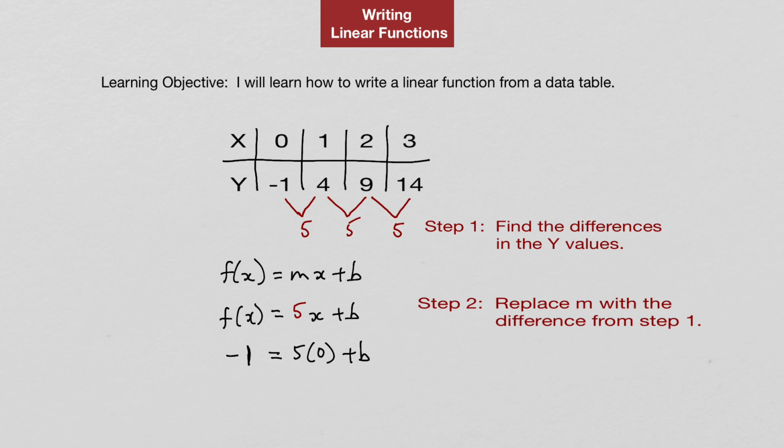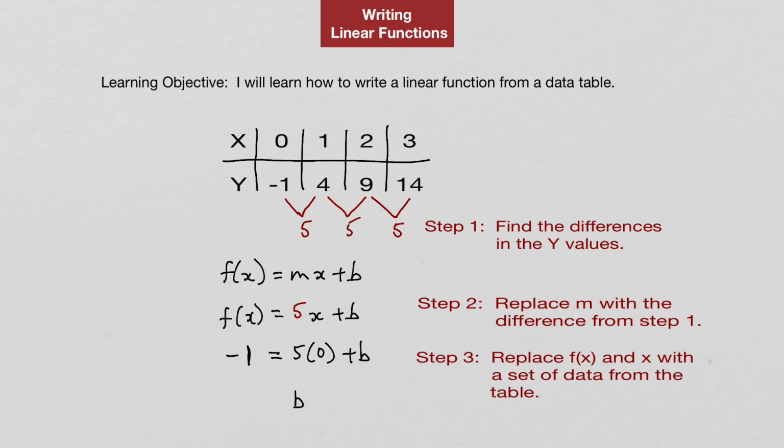And now, finally, we will solve for b. To solve for b, we see that 5 times 0 is 0, and therefore we're left with this -1, which means b is equal to -1.